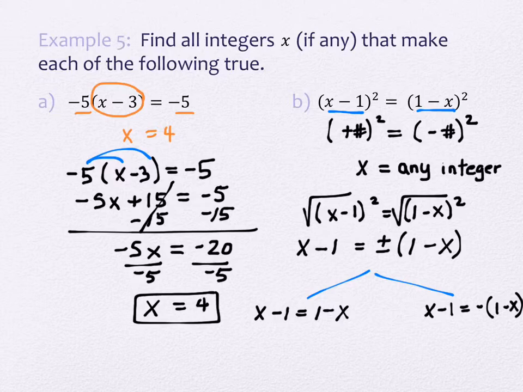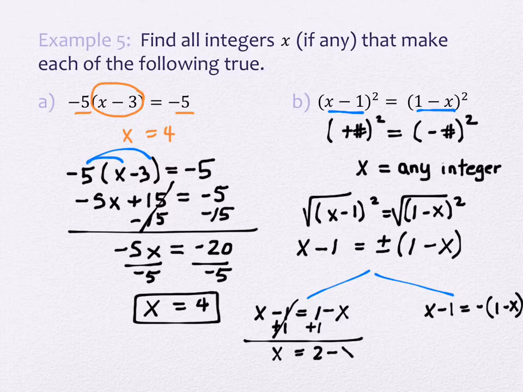What am I going to do to solve this one that's on the left? Okay, add a 1 to each side. So now I've got x equals 2 minus x. Is that okay?